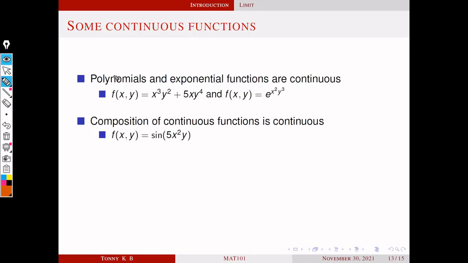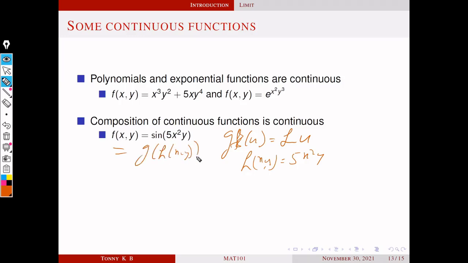Here we can define two functions: g of u equal to sin u, and h of (x, y) equal to 5 x square y. Then you can write f as g of h of (x, y). If you apply the function g on this h, this gives sine of 5 x square y. So this is a composition of functions. Sin u is continuous, h is also continuous, so their composition is also continuous.